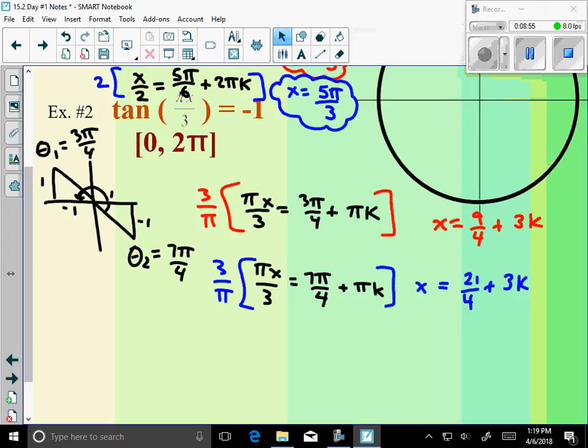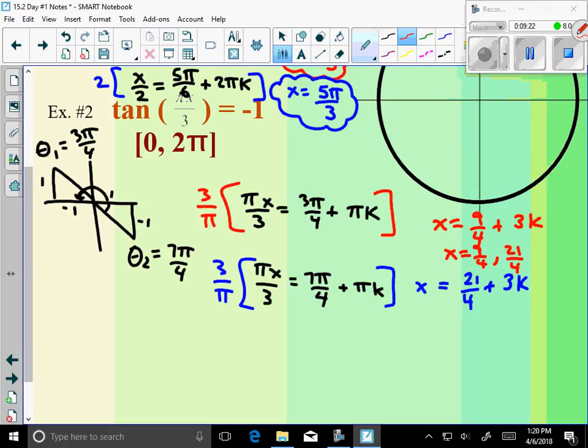The first solution will be this, 9/4. What if I added 3 to 9/4? That'd be like adding 12/4 to 9/4, which is 21/4. Is 21/4 bigger than 6.28? 21/4 is another solution.